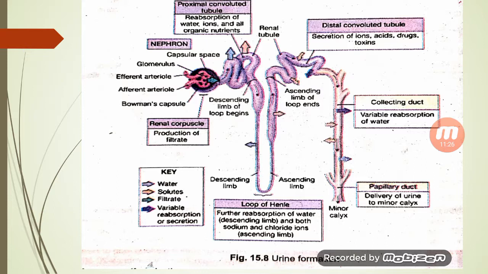Now, the hormones which are involved in the tubular secretion are aldosterone, whose function is to actively uptake the sodium into the ascending limb or thick loop of Henle. This hormone is secreted from the adrenal cortex.